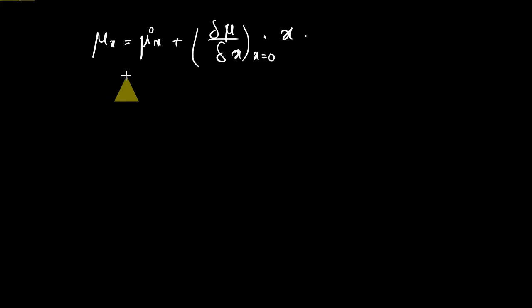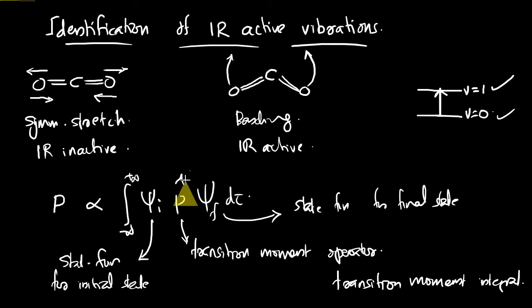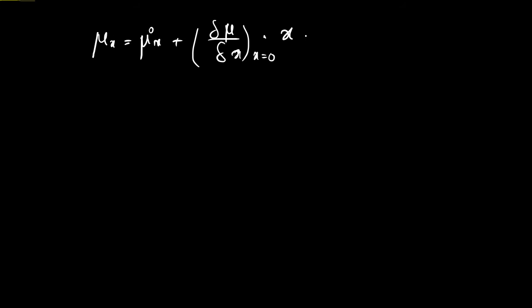Since the dipole moment has three components in the x, y and z directions, the spectral transition probability, which depends upon the dipole moment, will also have three components in the x, y, and z directions.